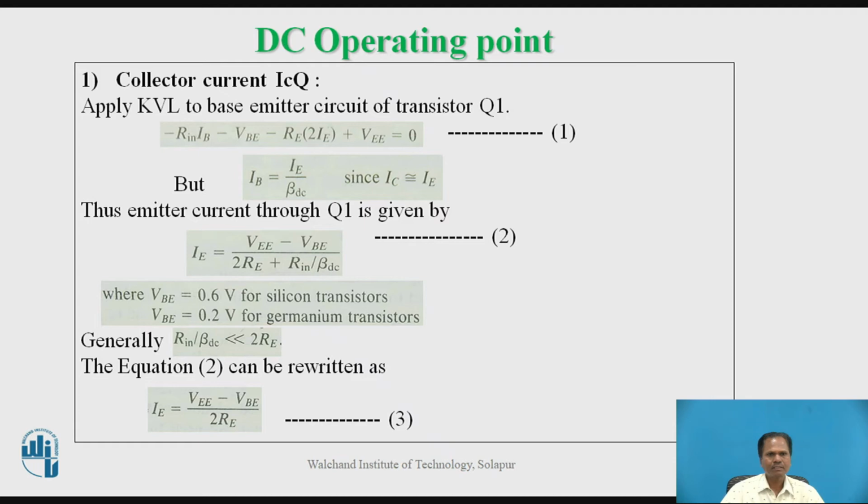The equation is simplified to: the emitter current I is approximately equal to (VEE minus VB) divided by 2RE. Let this be equation number 3.